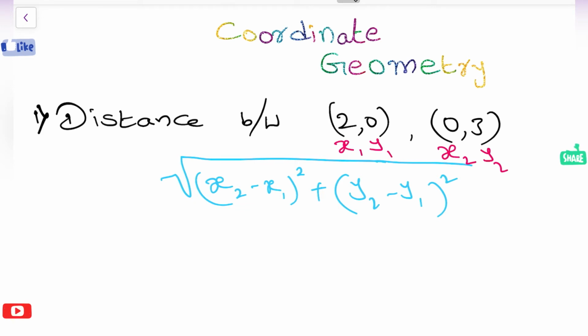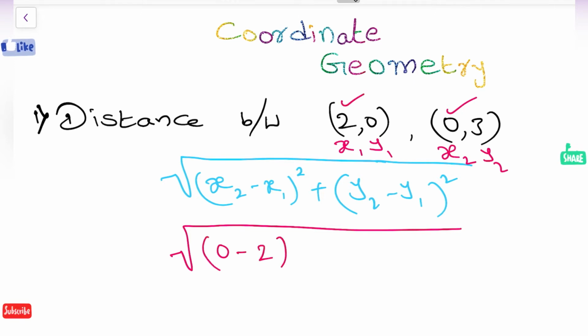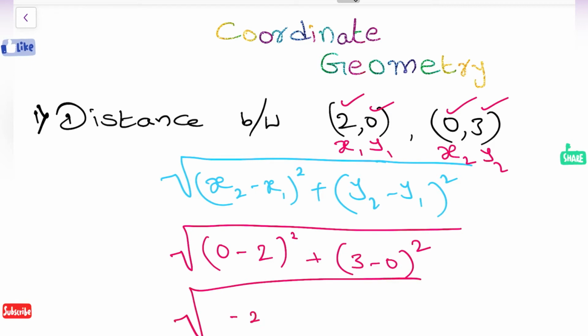Okay, now under root x2, here x2 is 0 minus x1 is 2 whole square plus y2 is 3 minus y1 is 0 whole square. So under root 0 minus 2 whole square plus 3 minus 0, 3 whole square.